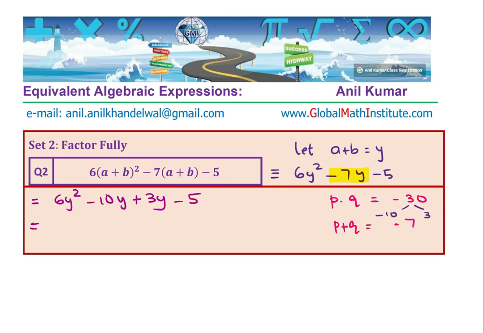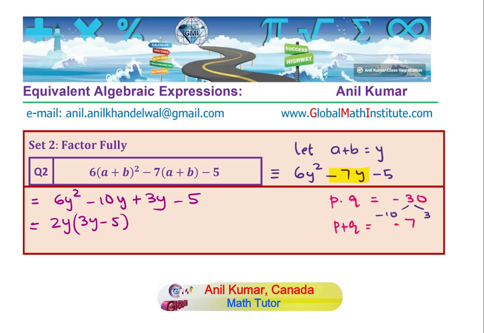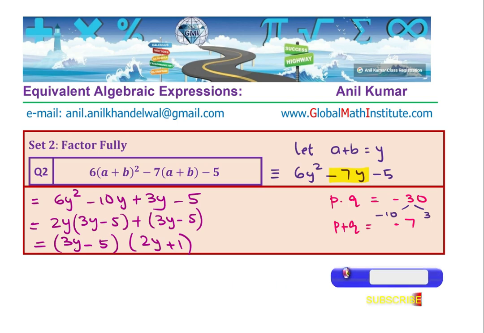Now we could take 2y common in the first two terms, which will give us 3y minus 5. We already have 3y minus 5 as the last two terms. So now 3y minus 5 is a common factor, resulting in 2y plus 1. Now it is time to go back to the substitution, which was a plus b.